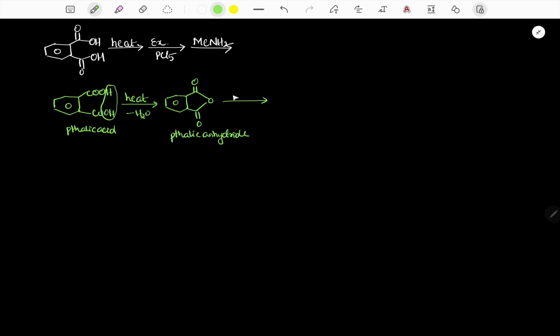When it is treated with excess PCl5, here we have to break this bond. So it converts into COCl and the leaving group COOH. And we know that again the carboxylic acid reacts with PCl5 and finally forms the corresponding product like this.